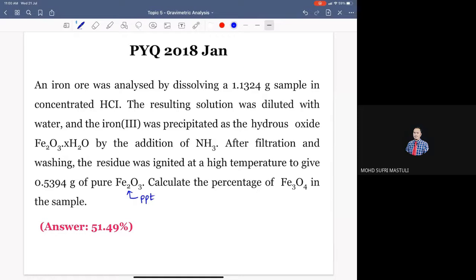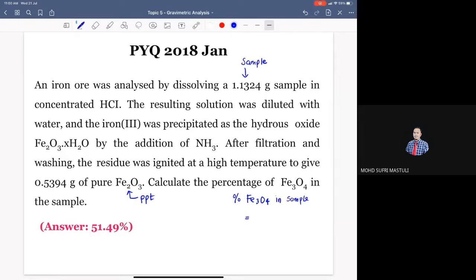So this one is the sample. Calculate the percentage of Fe3O4 in the sample.